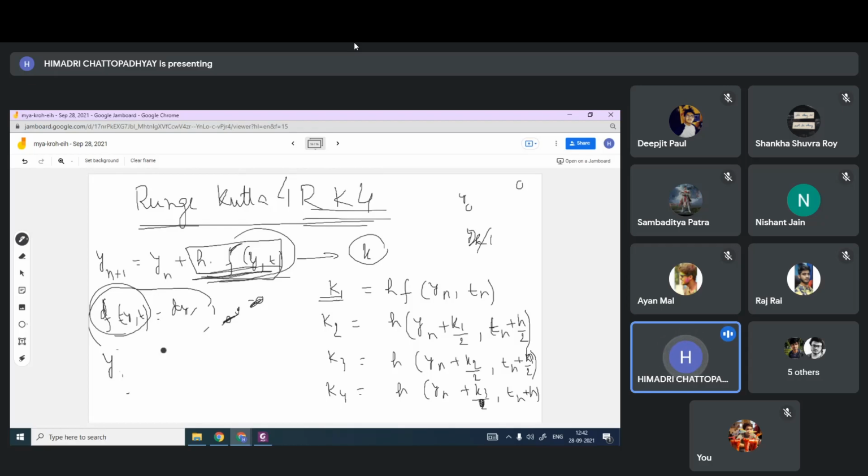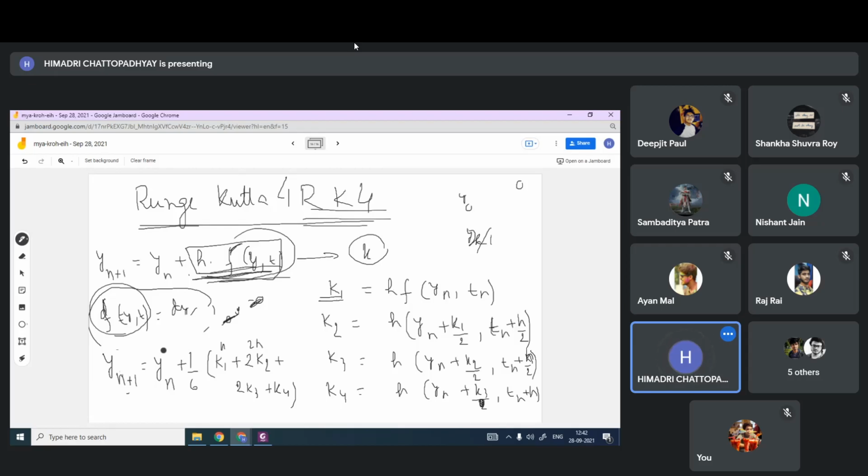So finally you will say yn plus 1 is the previous y plus 1/6 of k1 plus 2k2 plus 2k3 plus k4. Then it has a dimension of h f(y,t). You see f(y,t), f(y,t), f(y,t), f(y,t). You see h here, 2h here, 2h here, h here.